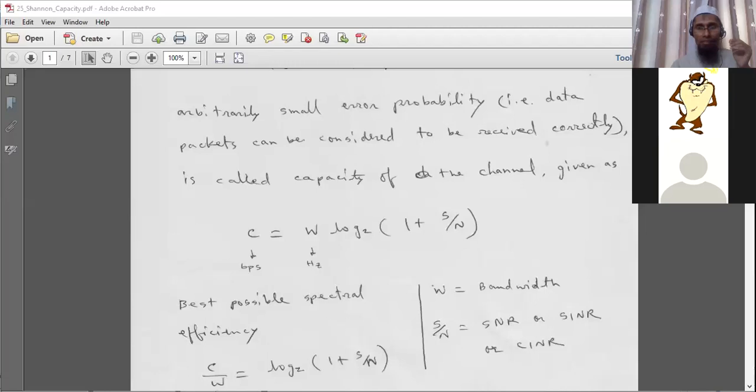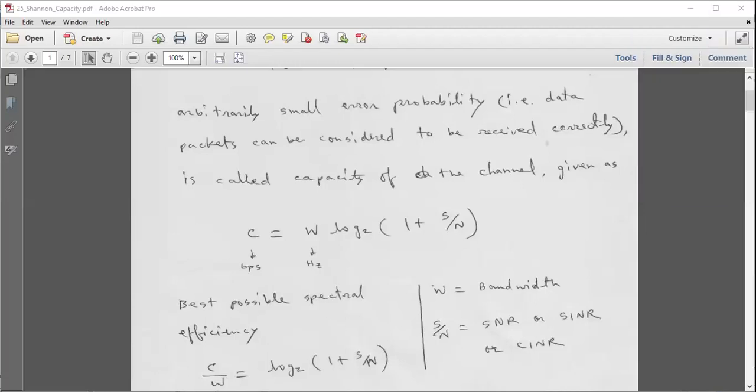So let's assume that you have some practical data rate R, which may be a fraction of C, maybe say 0.7 C. So that's your practical data. That R by W will be your BPS per hertz, which is your spectral efficiency.